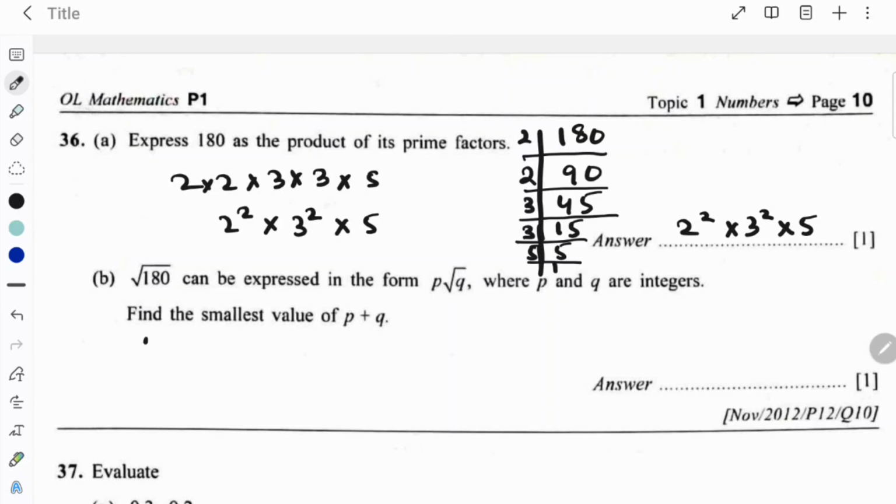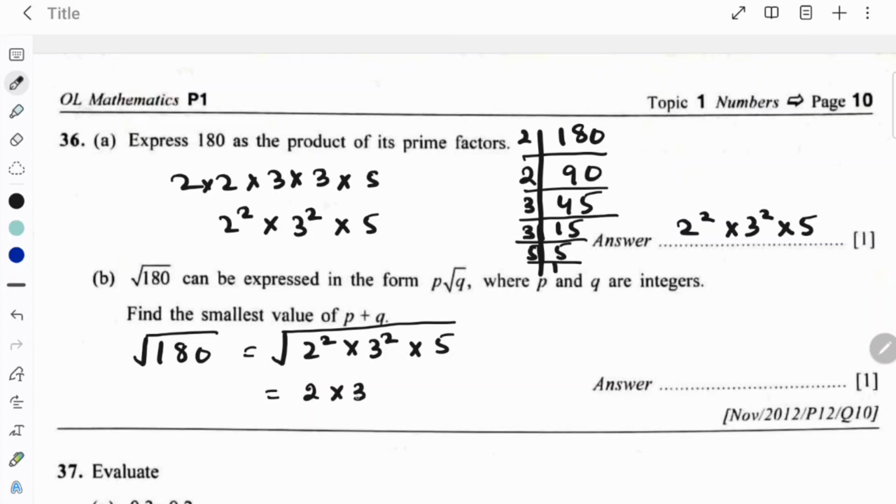Alright, so we know that 180 is equal to 2 square into 3 square into 5, and I can write 2 and 3 outside because they are squares. So 6 square root 5 is the answer. So p square root q is equal to 6 square root 5, then p will be equal to 6 and q will be equal to 5.